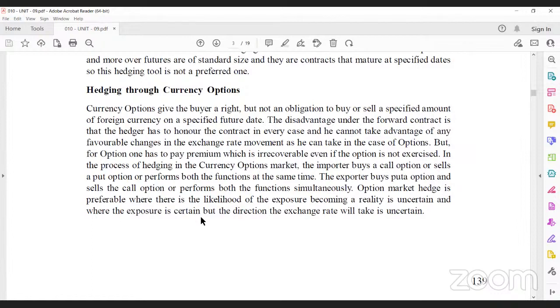If hedging in the currency options market, the importer buys a call option or sells a put option, and it tries to perform both functions at the same time. Option market hedging is preferable when there is a chance of exposure becoming a reality.